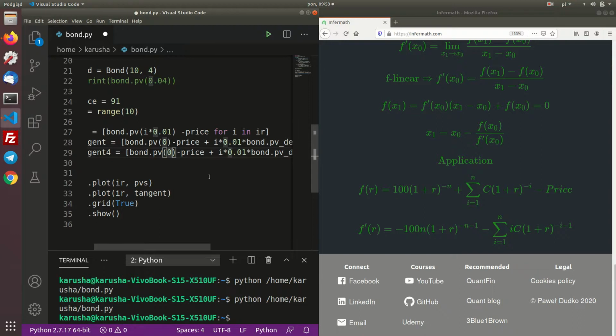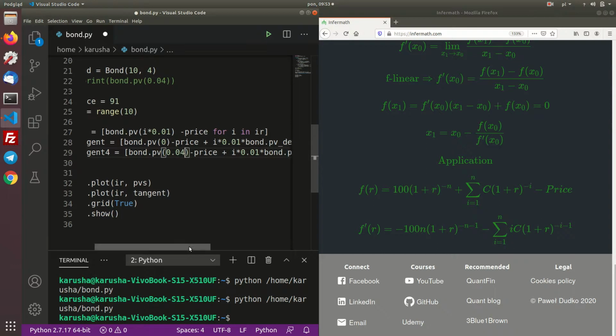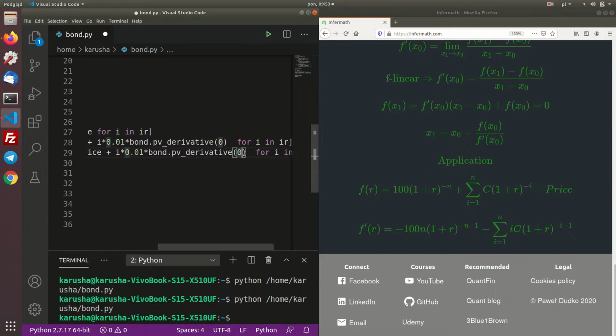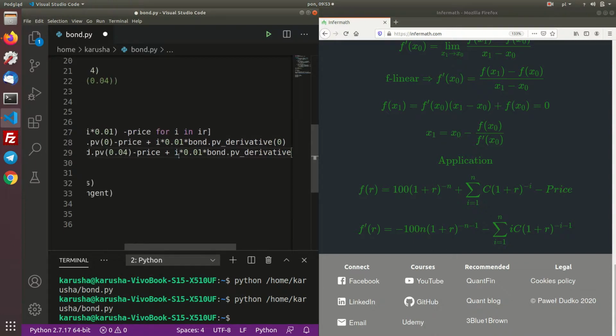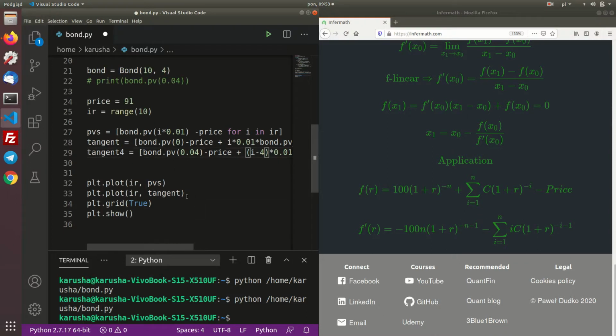So here, now we're going to start at 0.04, right? We're going to look at the derivative at 0.04. And also we need to adjust this, because we're going to be 4 steps ahead. So that our tangent line starts from 0, we need to decrease it by 4. You'll see what I mean in a moment.